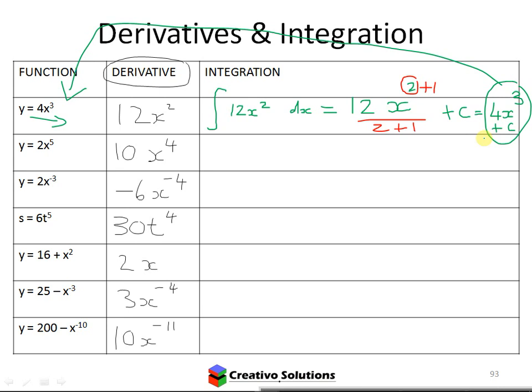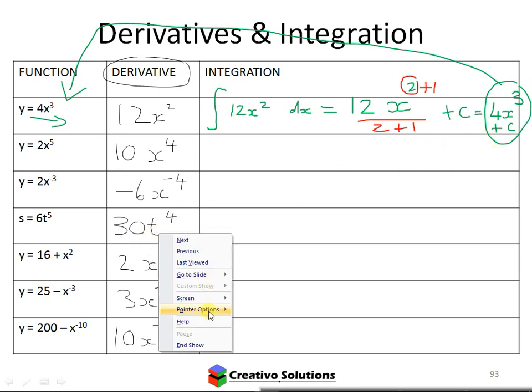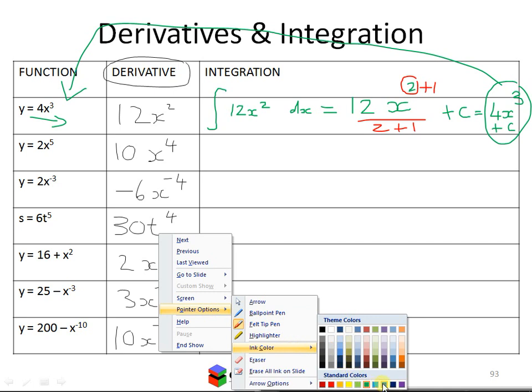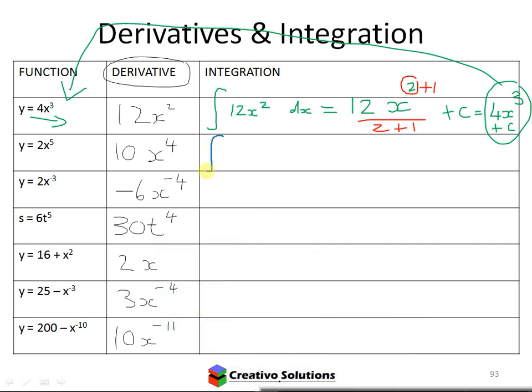Let's check. So this is how you would do the next one. I write down the integral of 10x to the 4 dx. Equals. The 10 I don't do anything to it, so I just leave the 10 there. The x to the 4 I write down x to the 4.